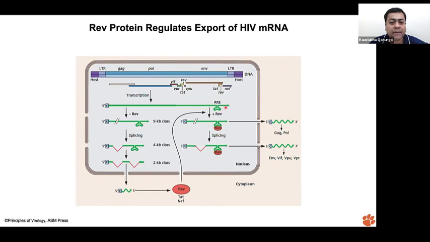Once that happens, this interaction of Rev can transport the full viral genome out. Sometimes some of the other long mRNAs also need to be transported in a partially spliced form. So you can have many splice regions, but you do not want some of them to be spliced. Those are also transported into the cytoplasm by Rev.